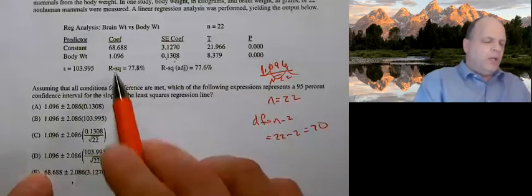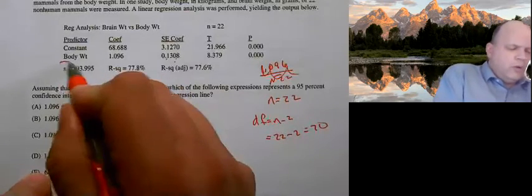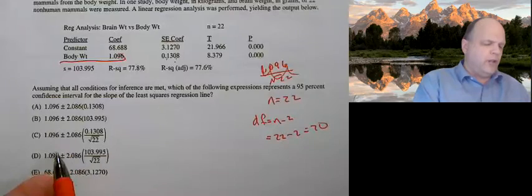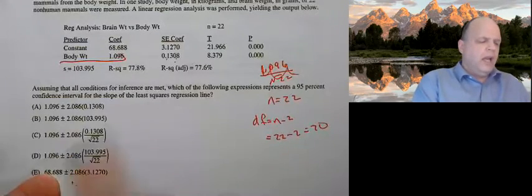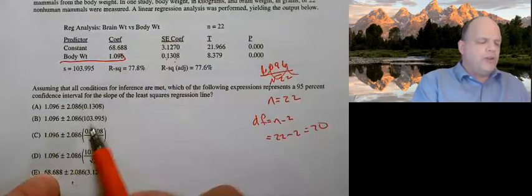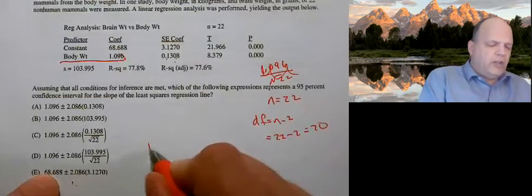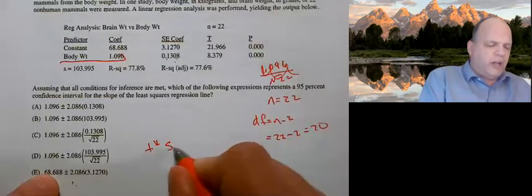All right, well, we know our slope value. That's our slope value, so that goes right here, 1.096. And our margin of error is t-star times our standard error.